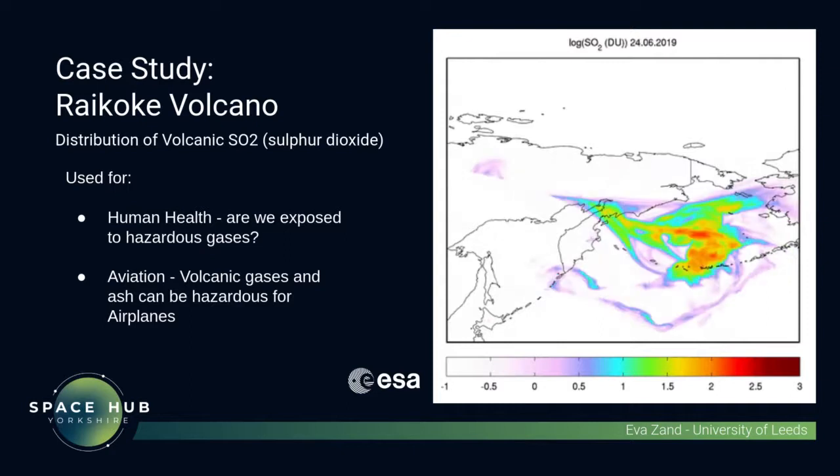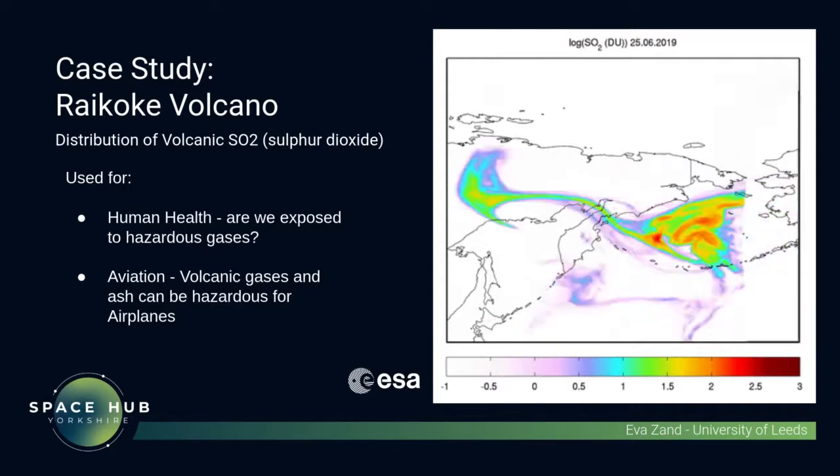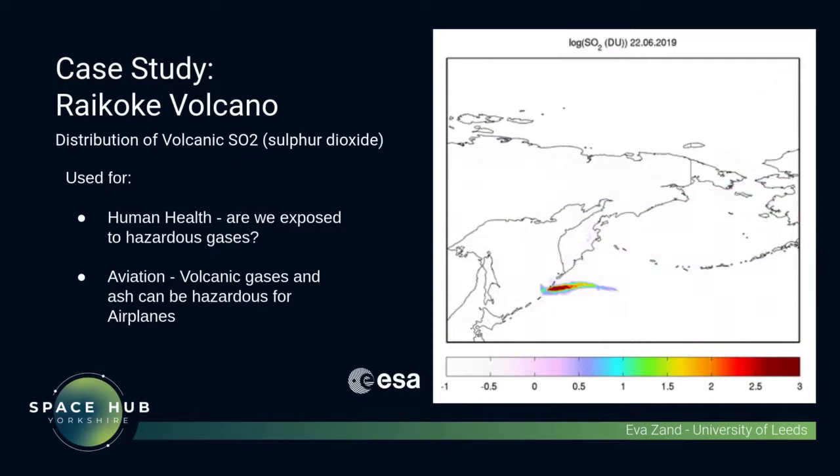I'm not quite sure if you can remember, but 10 years ago, in 2010, you probably were about 7 or 8 or so. There was this eruption in Iceland from Eyjafjallajökull, and this caused the whole of Europe to pause any kind of airplane activity, which was a really big economical issue.